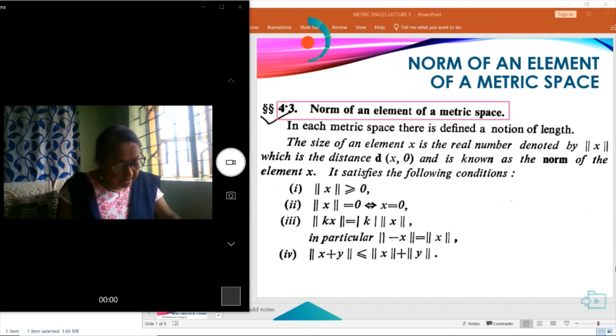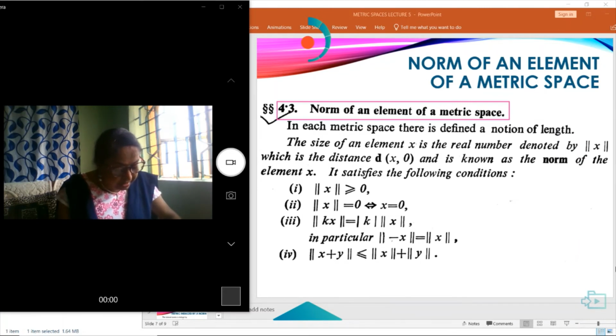Now, the norm of an element of a metric space. In each metric space, a notion of length is defined. The size of the element x is the real number denoted by norm of x, which is the distance d(x, 0), and is known as the norm of the element x.